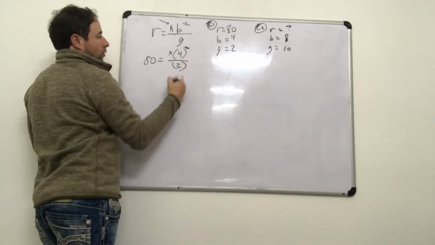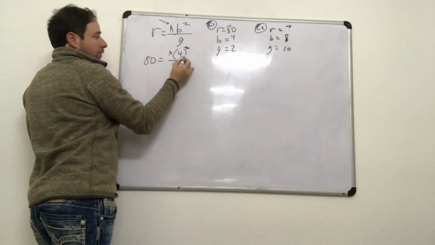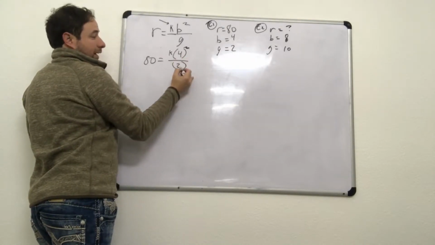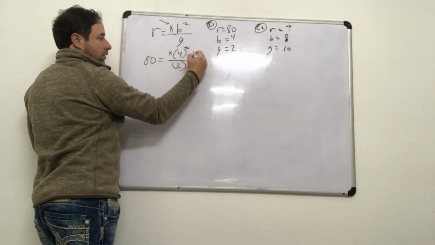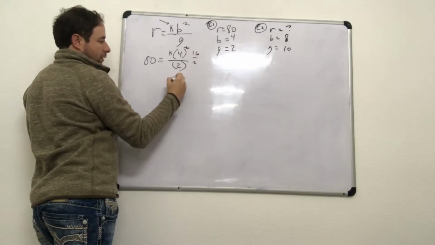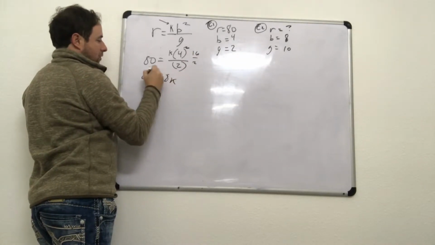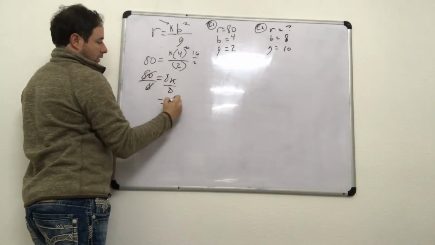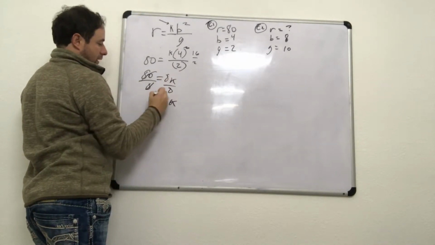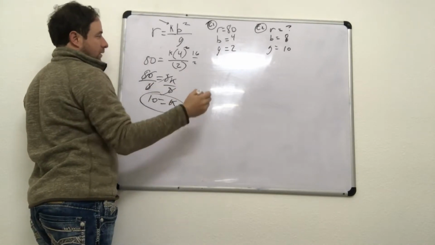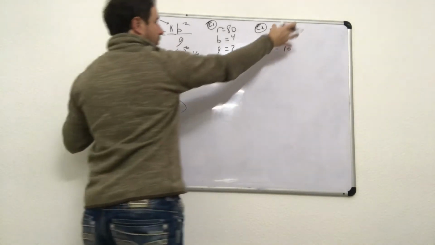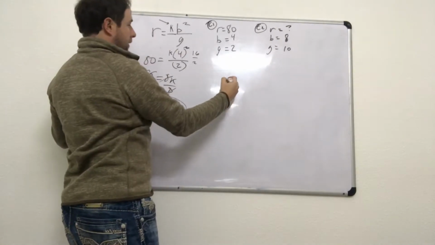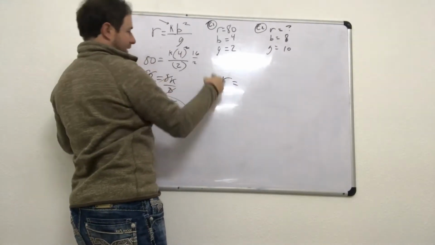Now don't forget that it's 4 squared. So you get 16 divided by 2, which is 8. So 8K equals 80. K is 10. So our constant is 10. Then we're going to plug in these numbers to find our reds, which makes it nice, we're finding reds.